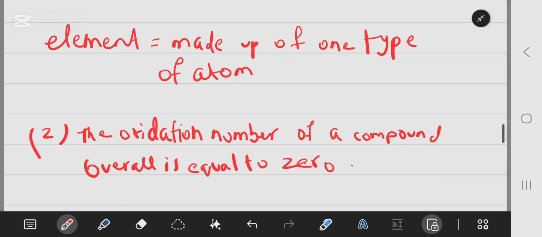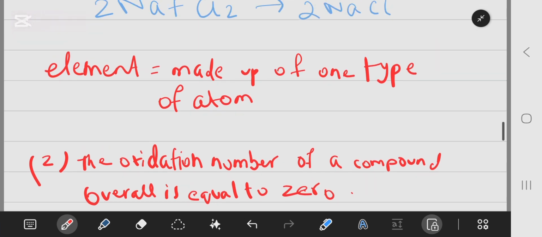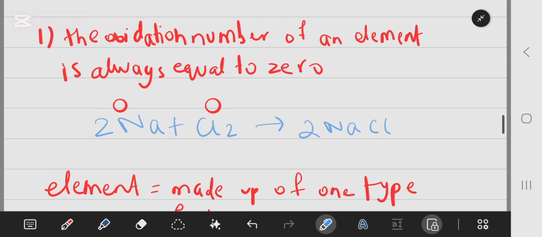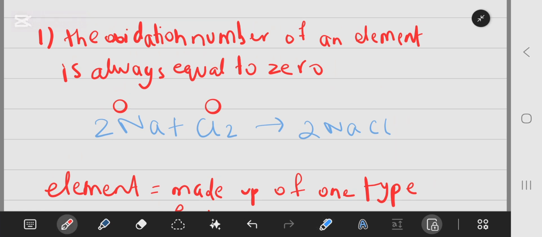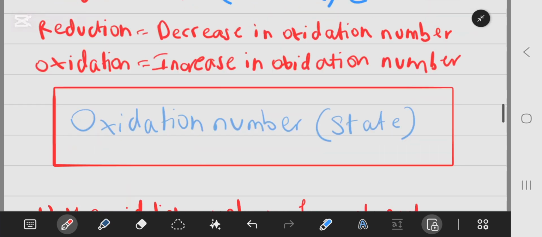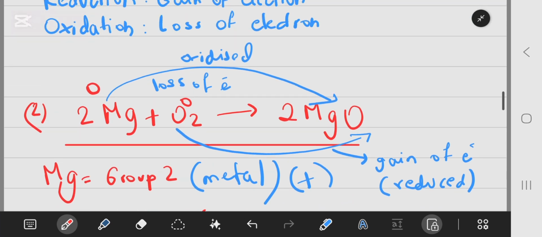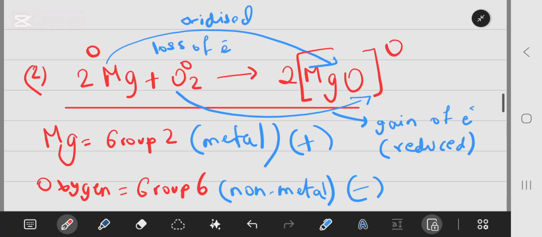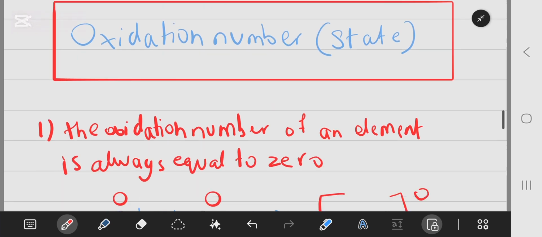So what does this mean? The overall oxidation number of a compound is equal to 0. When you talk about sodium chloride, the overall combined oxidation number is 0. Similarly, magnesium oxide over here, the whole thing is going to be 0. This will make a little more sense in a little while.